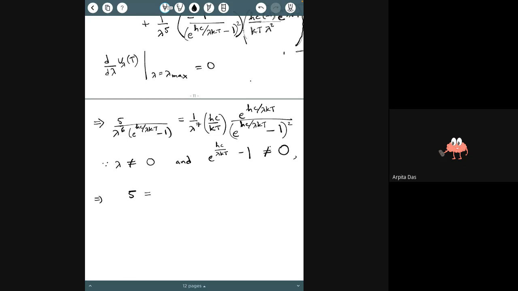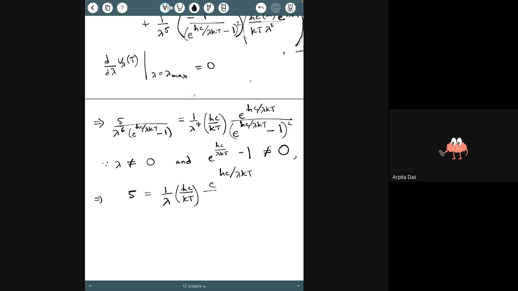Which means if lambda is not equal to 0, then I can cancel lambda to the power 6 on either side, and I'm left with 1 by lambda on the right, and I have hc by kt, e to the power hc by lambda kt.